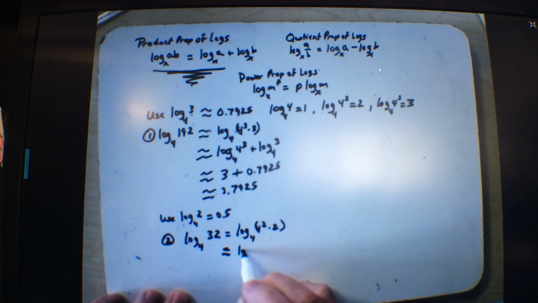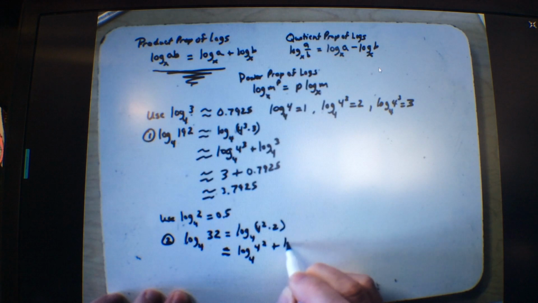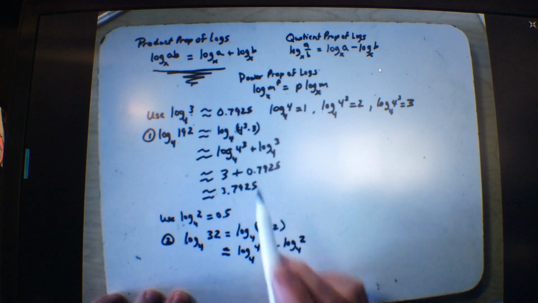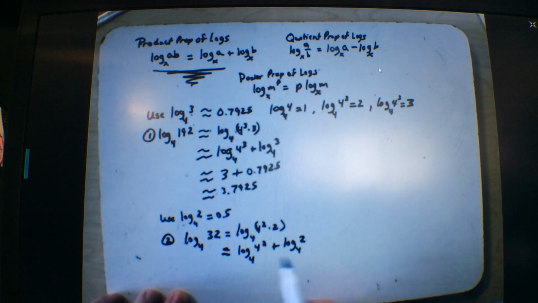So now, since it's multiplied, I can take 4 to the second power base 4 plus the log of 2 base 4 using this rule again. Well, since this is 4 and this is 4, that is 2, right? 4 to the second power is 2, plus 0.5, which is 2.5.